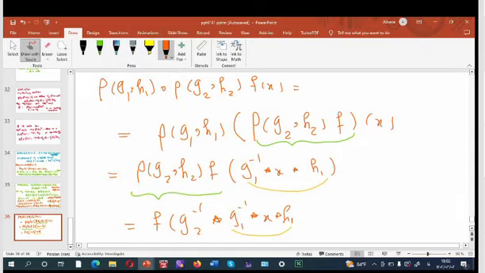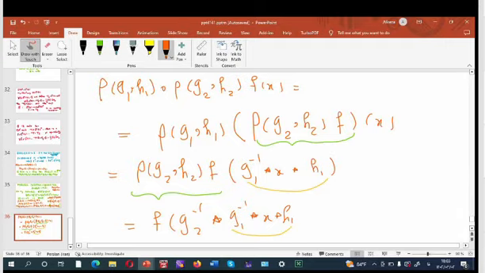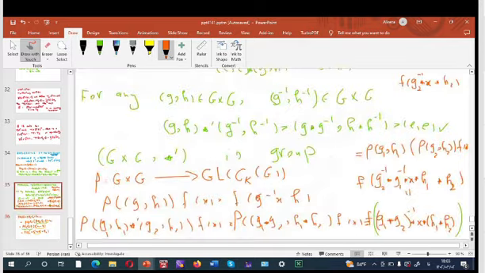Okay, this must be written, but this G2 inverse must act on the left side, and on the right side we must have H2, and this is exactly equal to this.